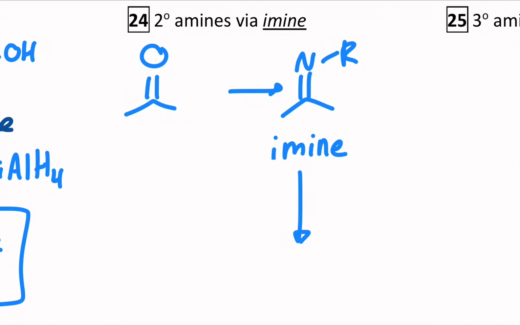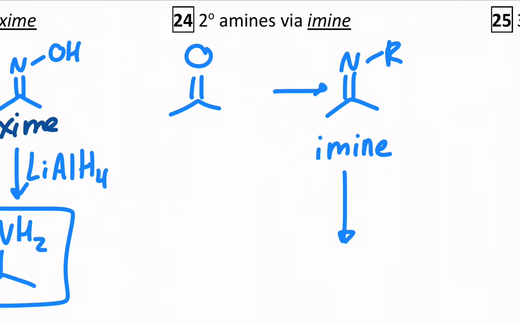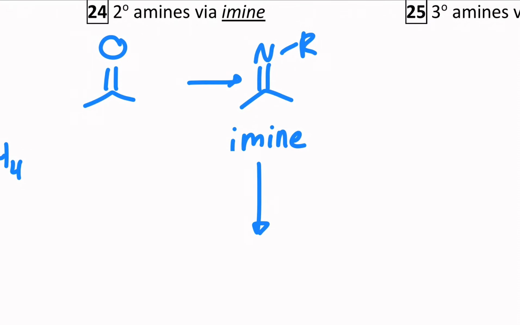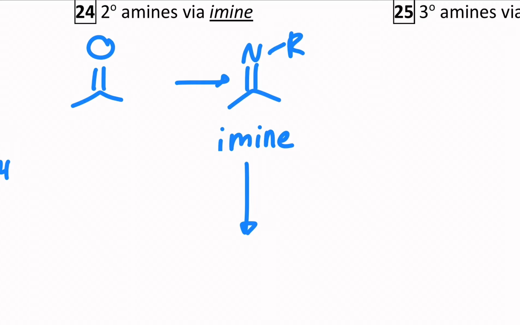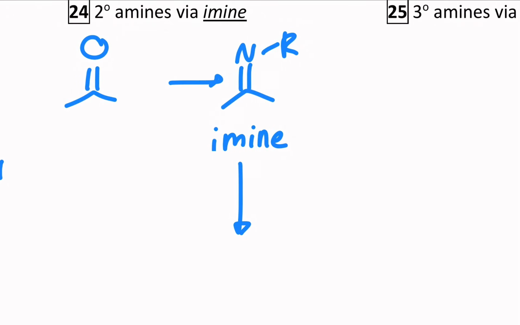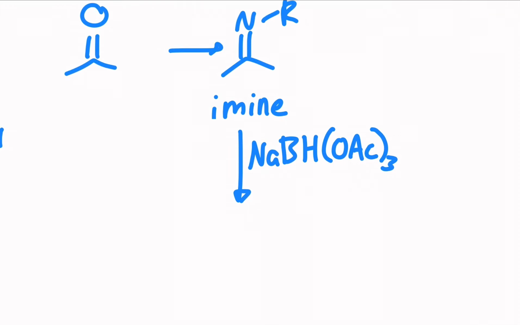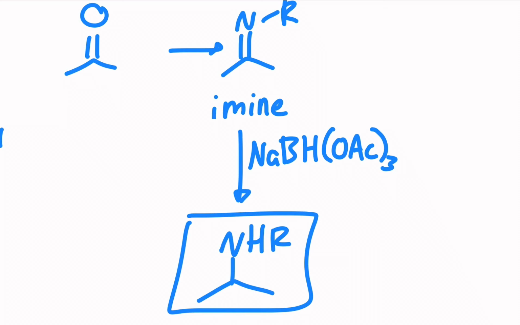Now, I could reduce an imine with a reducing agent like LAH, but once you get to things that look like imines, there are milder reducing agents out there that work, such as sodium triacetoxyborohydride, which has this formula, NaBH and then 3 acetates. This still acts as a reducing agent, but it has the benefit of not reducing aldehydes and ketones.